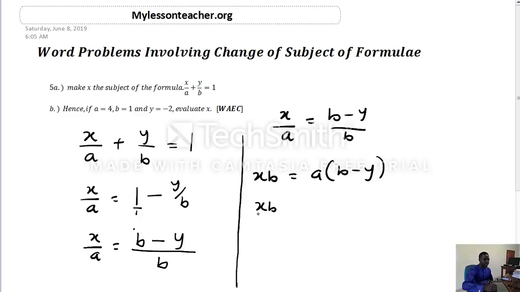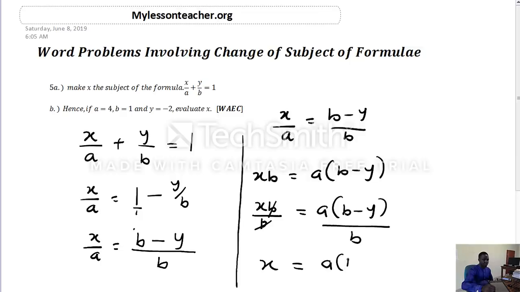That will be xb divided by b is equal to a into bracket b minus y, all divided by b. So that b will cancel b, leaving us with x is equal to a into bracket b minus y divided by b as our equation.